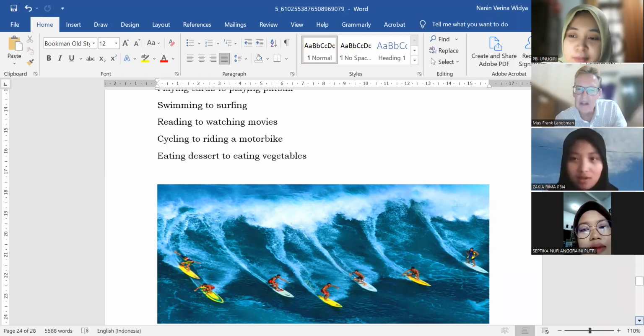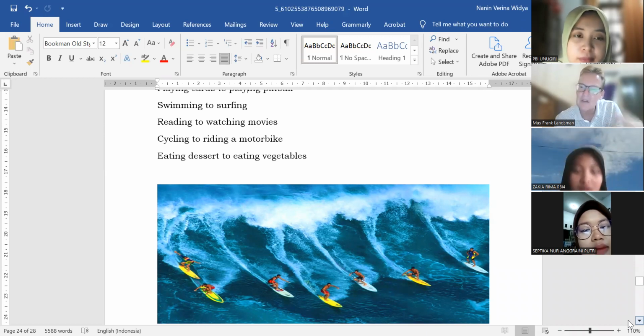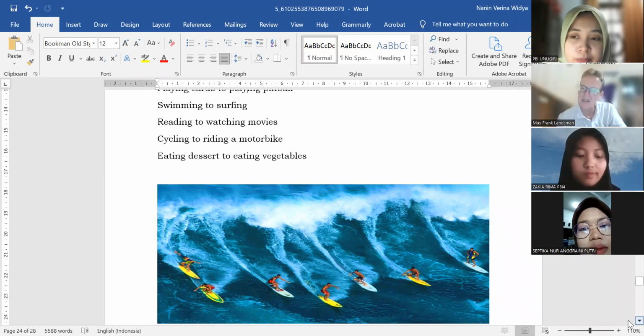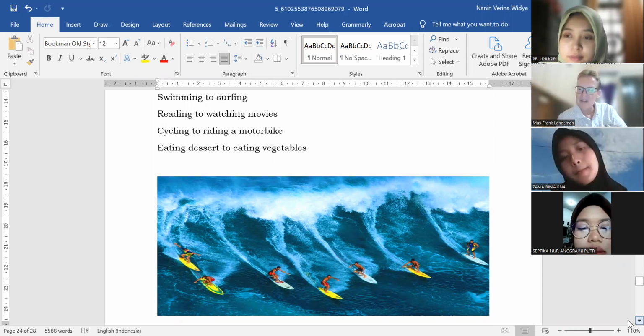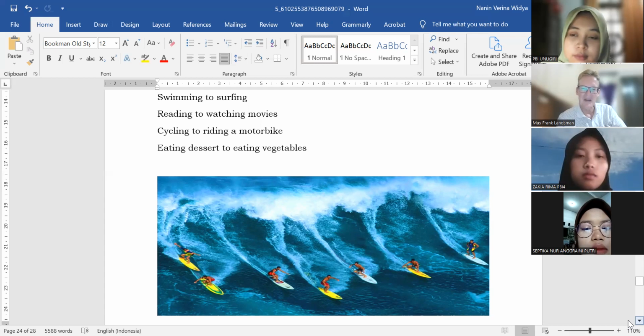Yeah, reading to watching movies. For reading, you can use your imagination, but when you watch movies, you have to accept the story as it is on the screen. Yeah? So some people prefer reading to watching movies because you can use your own imagination, make your own version of the story. And movies, maybe later on, after you watch it, you can make different scenarios.